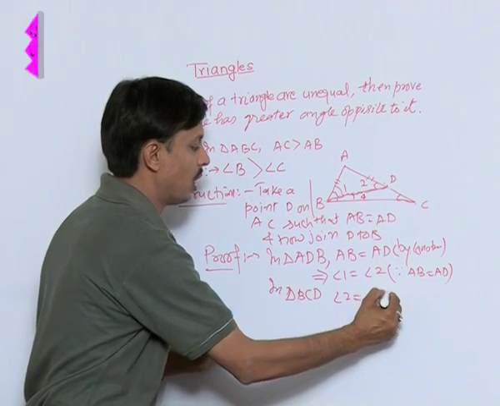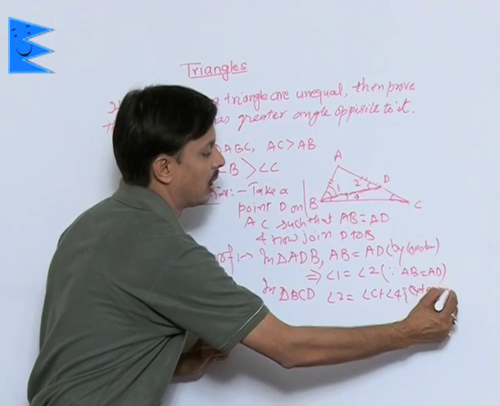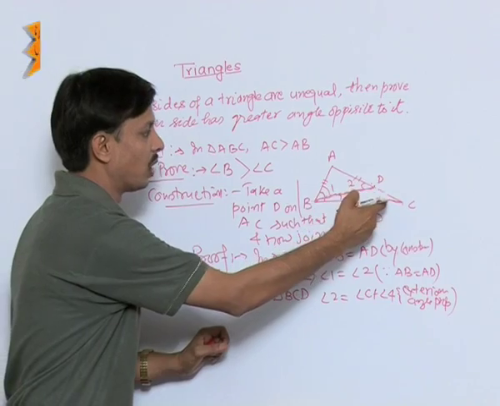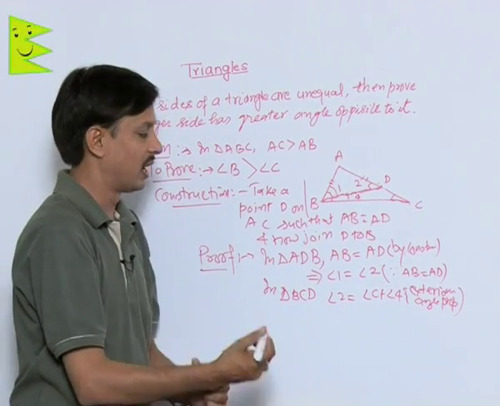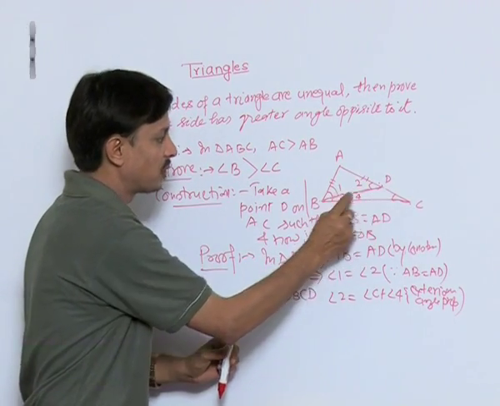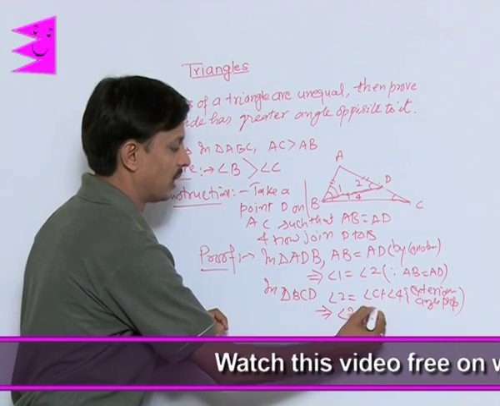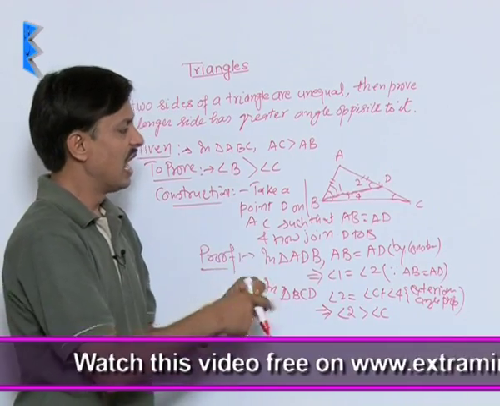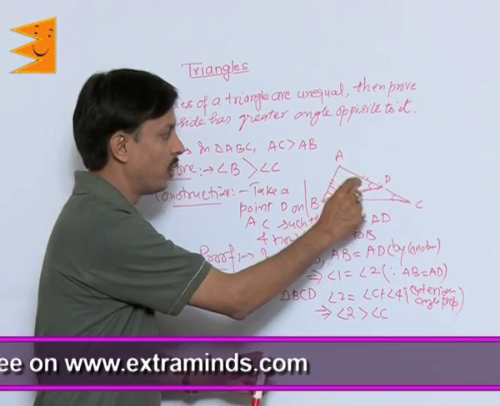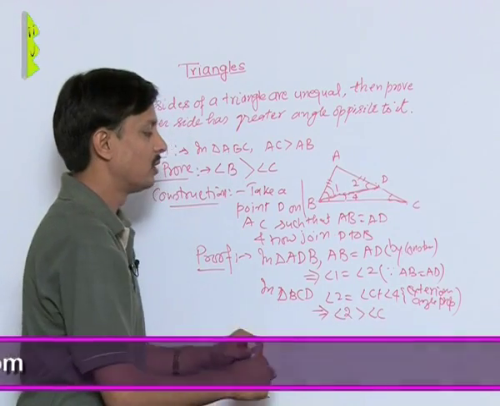Angle 2 is equal to angle C plus angle 4, that is the exterior angle property. So 2 is the sum of C and 4. What does this imply? That alone, 2 is greater than angle C. As this is the exterior angle, it is the sum of C and 4. It means that 2 is greater than C and 2 is greater than 4. So I am taking 2 is greater than C.